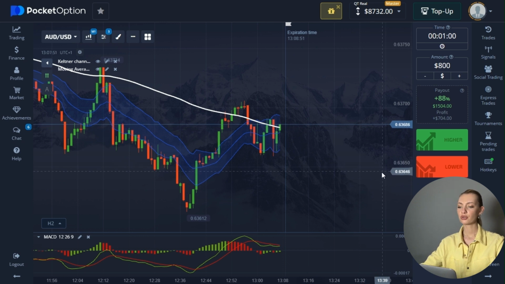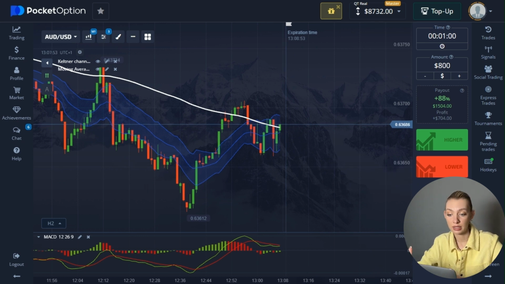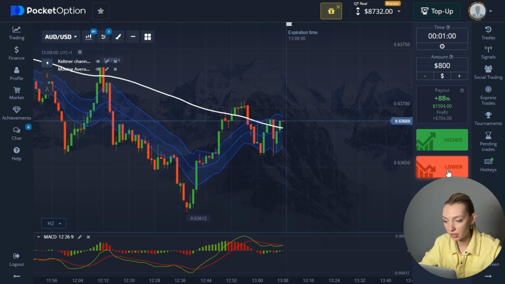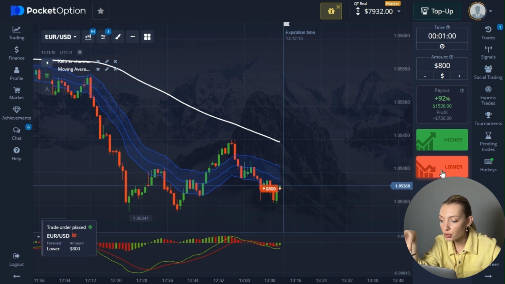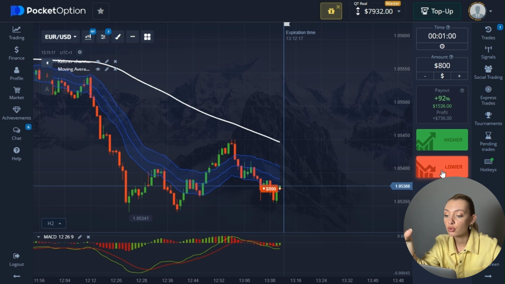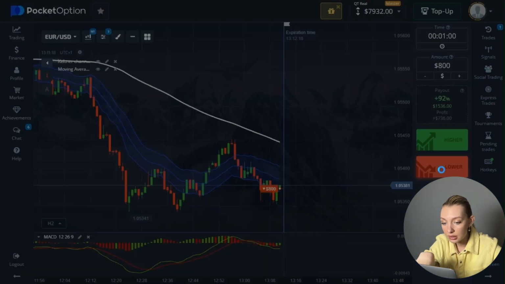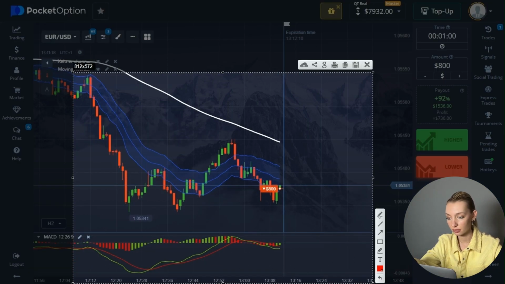Friends, we will return to this topic a little later, but for now I suggest looking for an opportunity to open a deal in other currency pairs. Friends, I see a great opportunity to open an option to reduce the exchange rate. Let's do it and look at the signals that guided me. We see that there was a breakthrough of the Keltner channel down, which is already a signal for a decline.